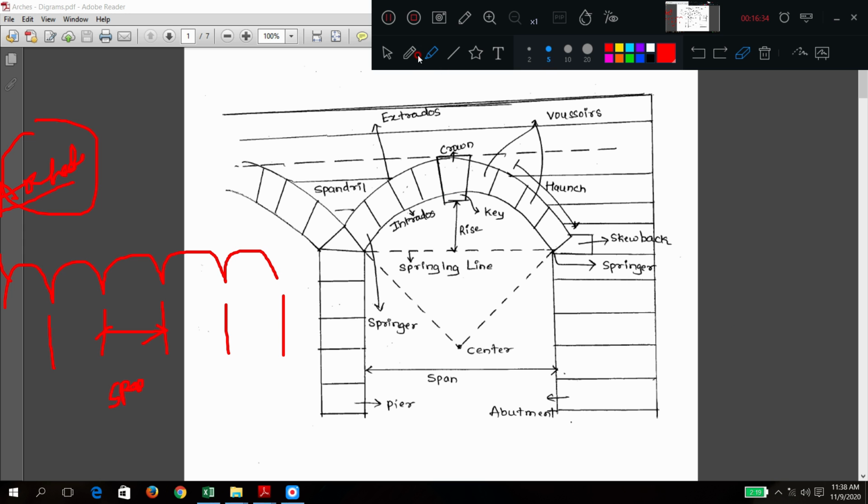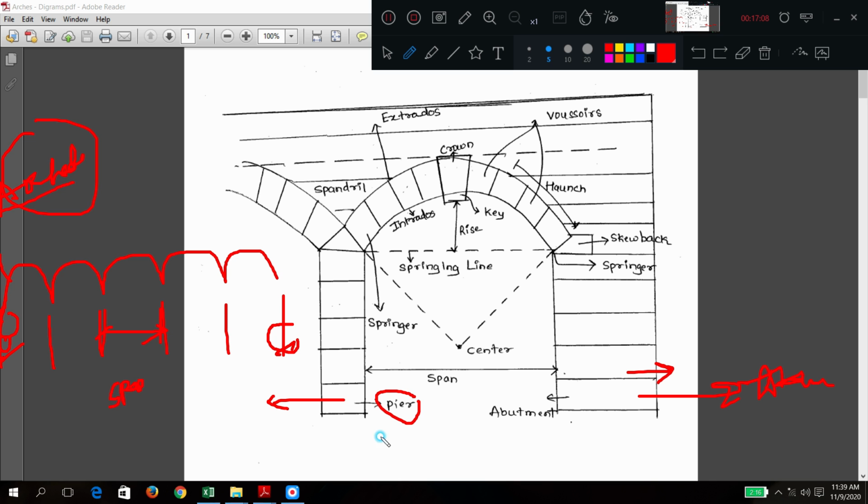Just now we have seen what this is. From the bottom we can go. A pier is a support of the wall over which the arch rests. This is the abutment. Abutment means, when you have an arcade, multiple arches, the last one or the very first one, this support and this support are called abutments.